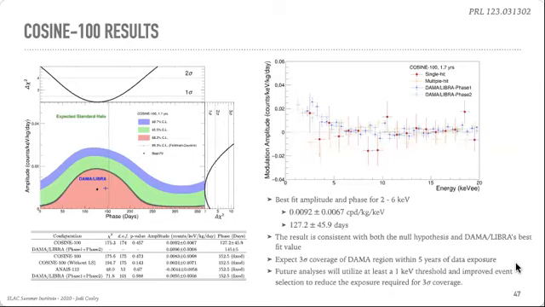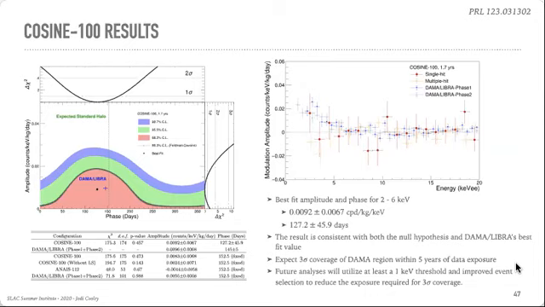So they had a best fit amplitude and phase in the 2 to 6 keV region. You can see it right here, this black dot. This is the DAMA/LIBRA best fit, if you were to map them on top. The amplitude is 0.0092 plus or minus some fraction counts per day per kilogram per keV.